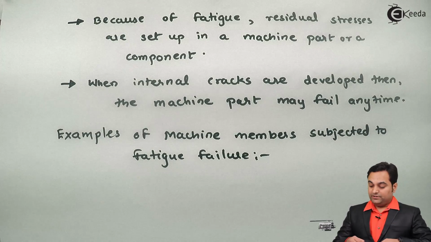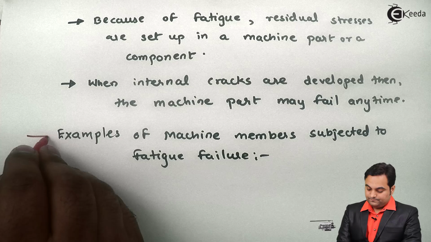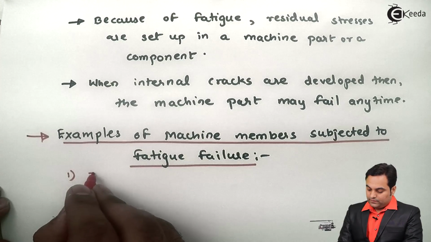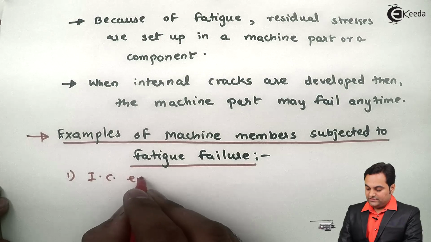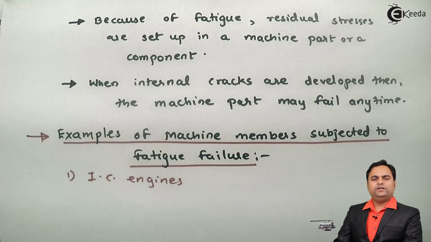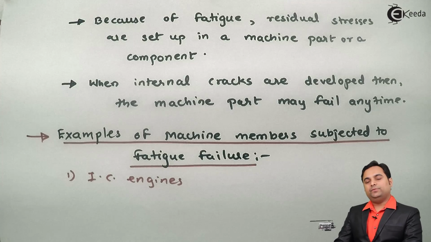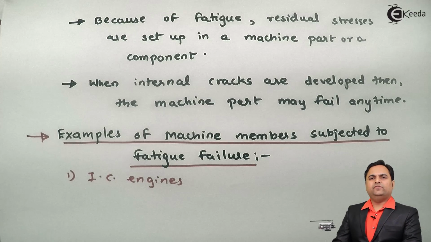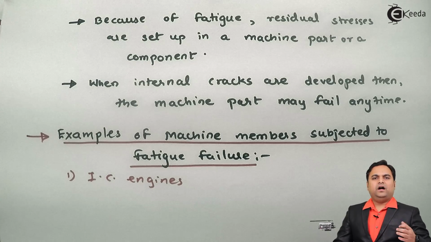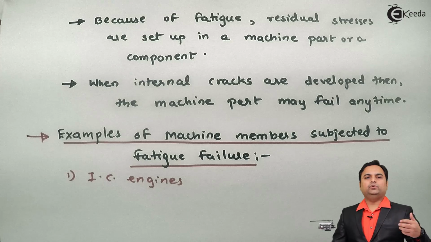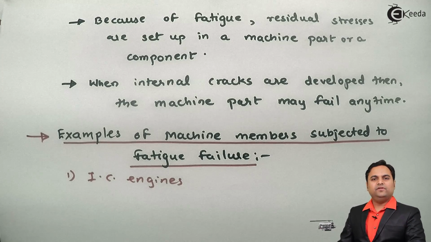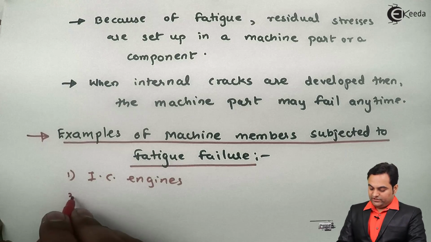So I can give the examples, like we can say IC engines, that is internal combustion engines. As we know, they continuously operate at high temperatures for a long period of time, then they would be failing because of fatigue, and that too, the failure will be around, we can say, from 15 to 20 years. That is, after 15 to 20 years, these IC engines will be failing because of fatigue.